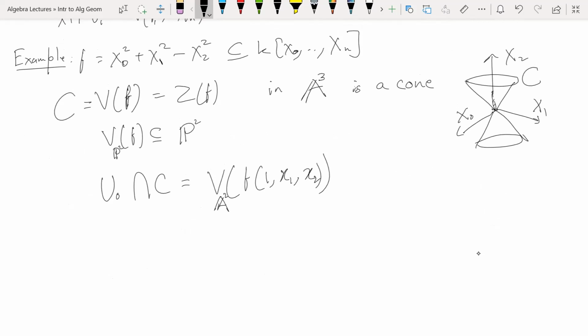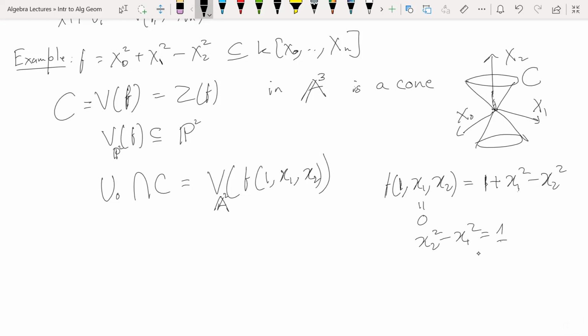F is X0 square plus X1 square minus X2 square. So f(1, x1, x2), I shouldn't forget x0, is 1 plus x1 square minus x2 square. We want this to be 0. So this being 0 means x2 square minus x1 square equals 1.